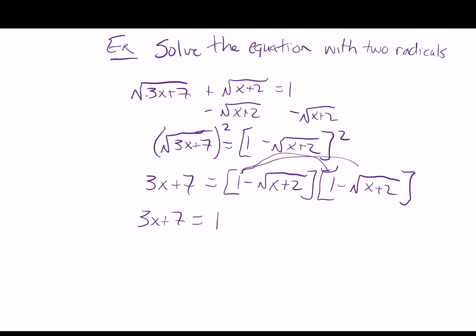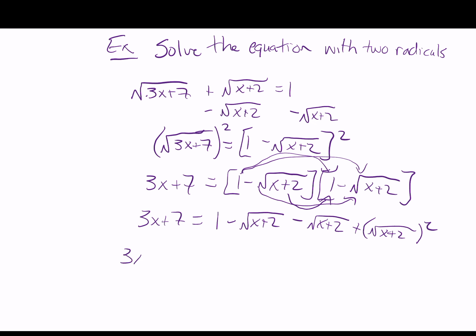And then I have 1 times a negative square root of x plus 2, which is negative square root of x plus 2. Then I have negative square root of x plus 2 times 1, which is another minus square root of x plus 2. And then I have plus square root of x plus 2 quantity squared.